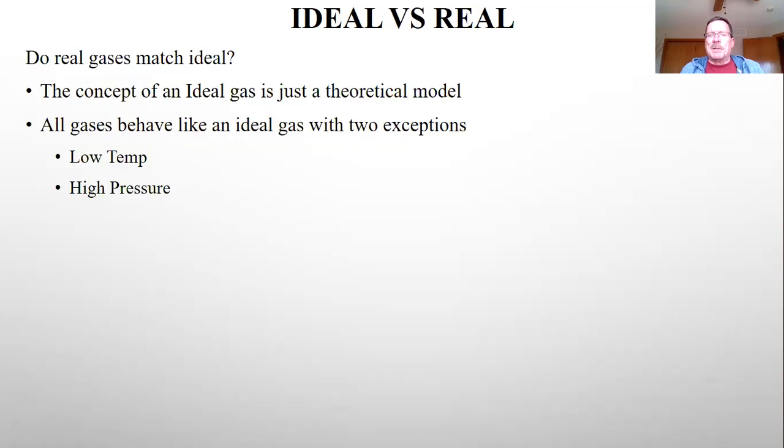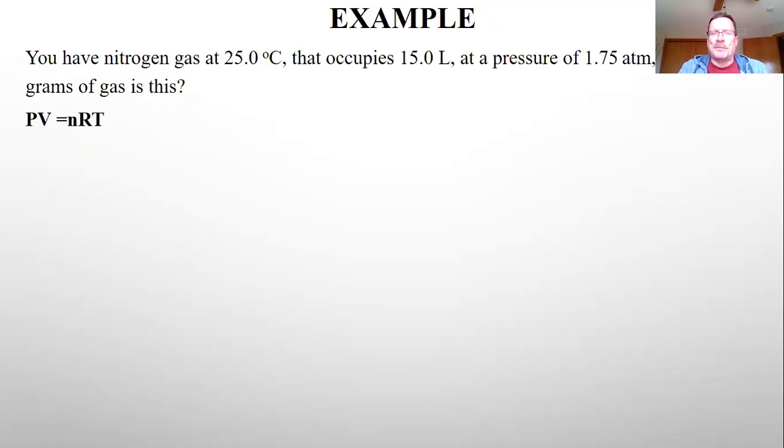The only two exceptions are at low temperature and high pressure, because that's really condensing those gas molecules towards the liquid phase. And the closer they get, the less they behave in an ideal fashion. So at very low temperatures and high pressures, our gas calculations with the gas laws wouldn't work. But we won't have to worry about that. It's just something you should understand.